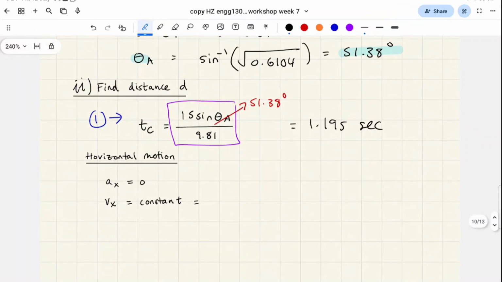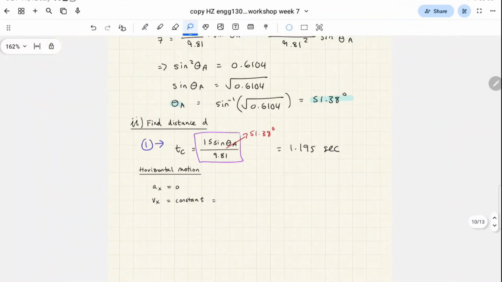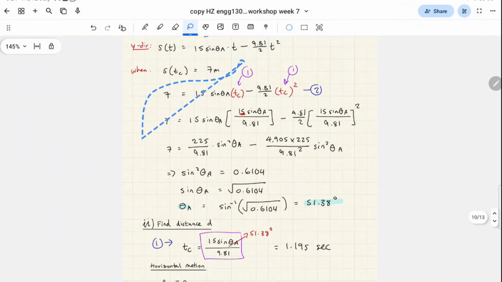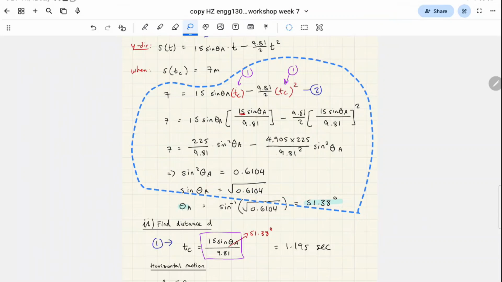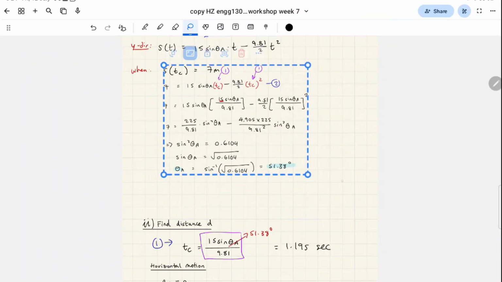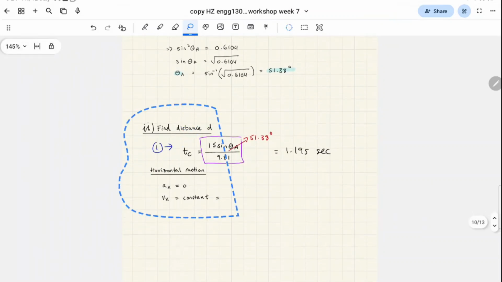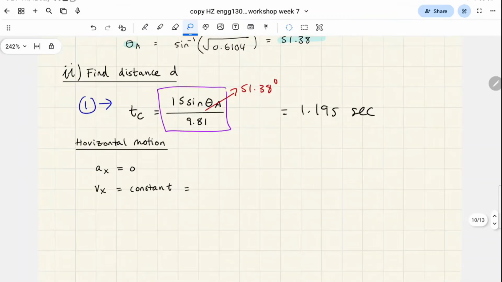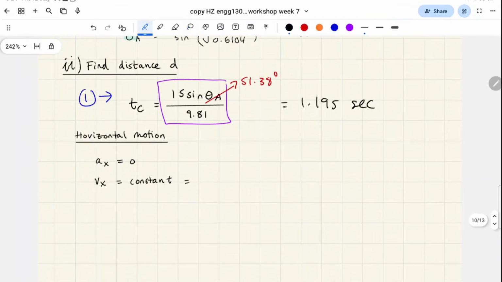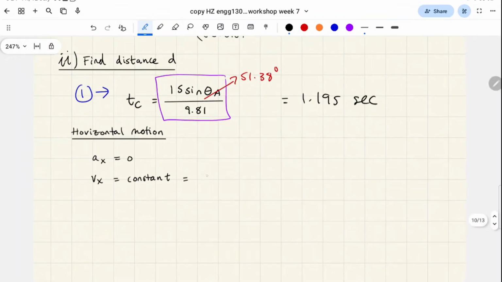I need some more space, so I'm gonna make this smaller. Okay, so that's vertical motion. Vertical motion is the hard part. Horizontal motion is pretty trivial. Basically, the velocity in the x direction is constant, and it's just equal to that initial component the entire time.